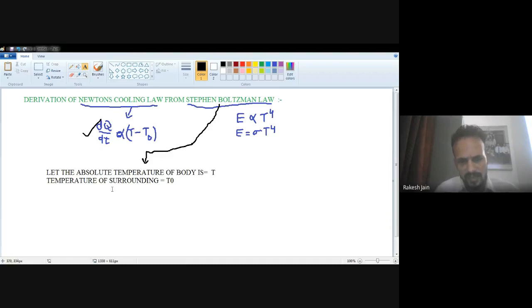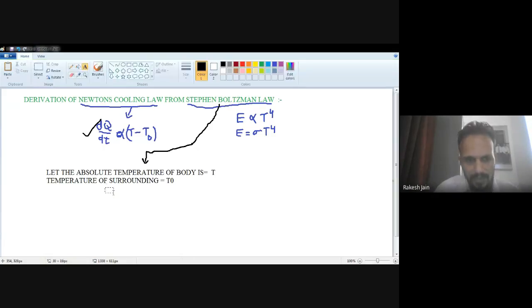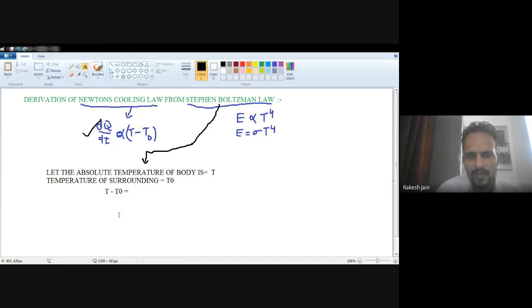And this T minus T0 is known as the difference of temperature. Let's suppose this difference between the absolute temperature of the body and the surrounding temperature is denoted by del T.